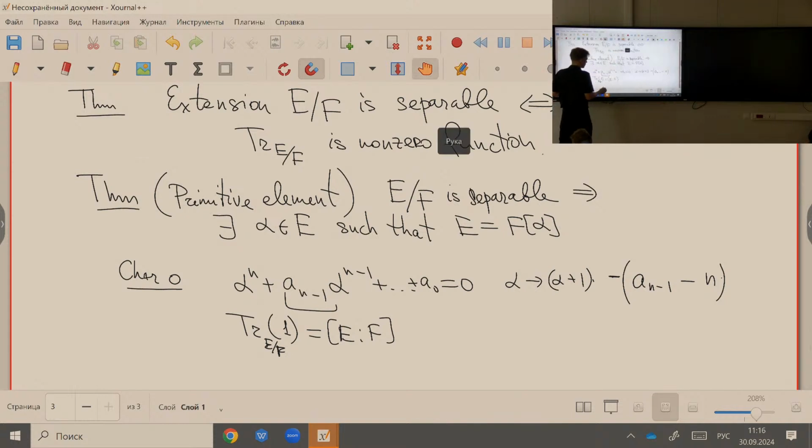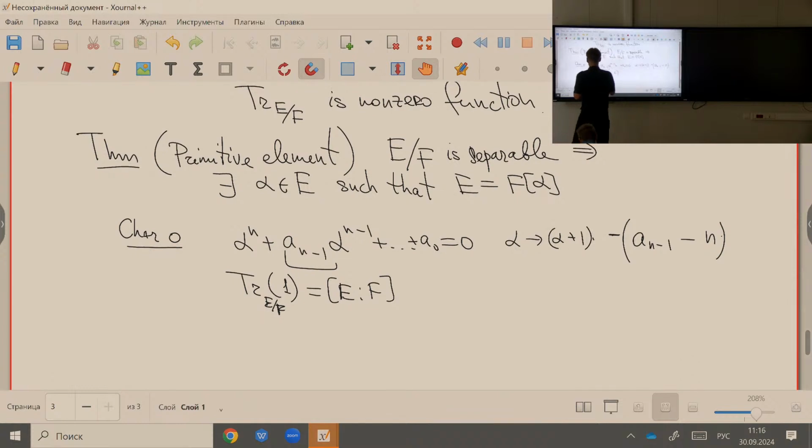But in characteristic P, the problem is that if you have a non-separable extension, then, as we have noticed, the non-separable degree is a power of P. And this gives you that this number is always divisible by P when you have a non-separable extension.